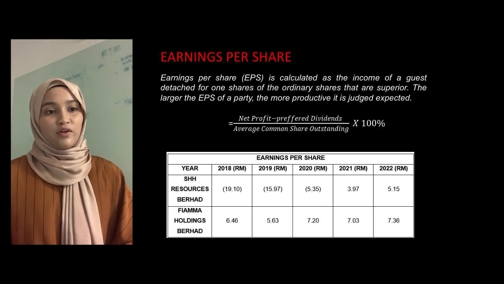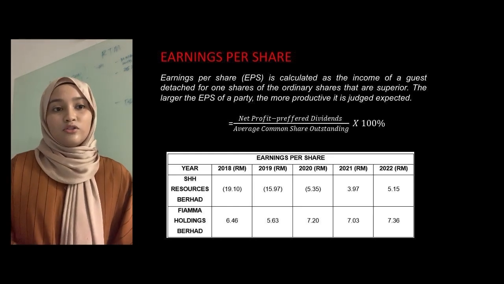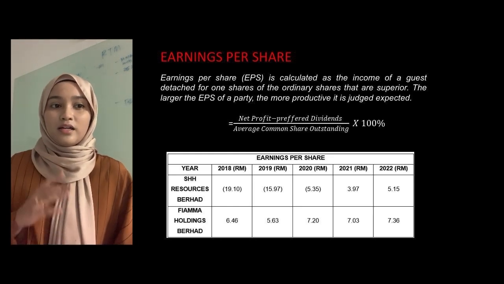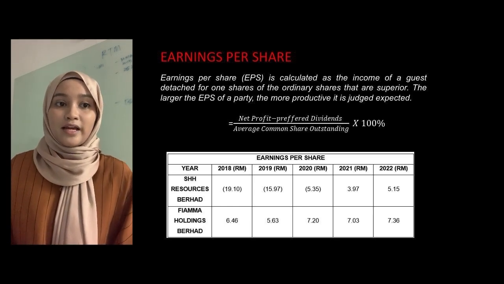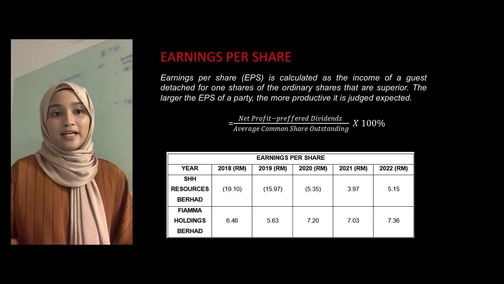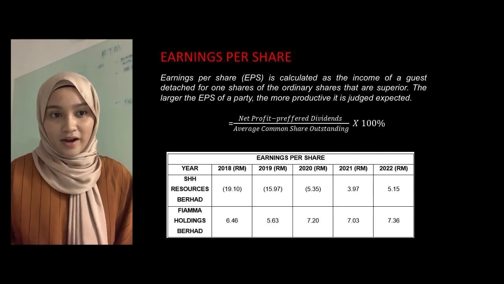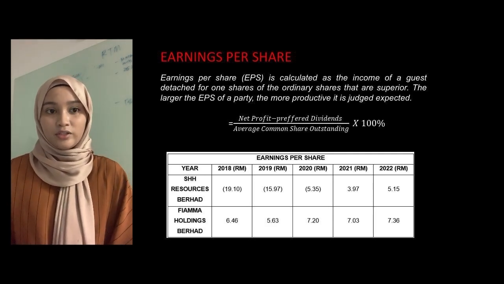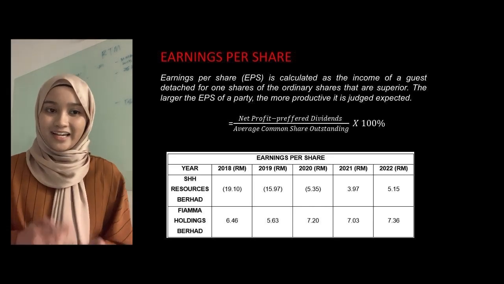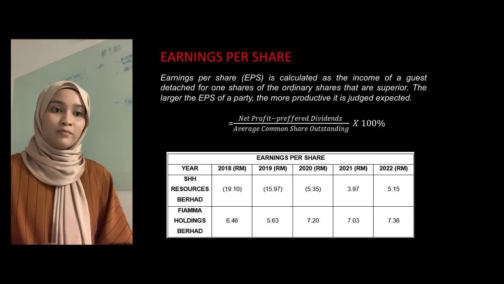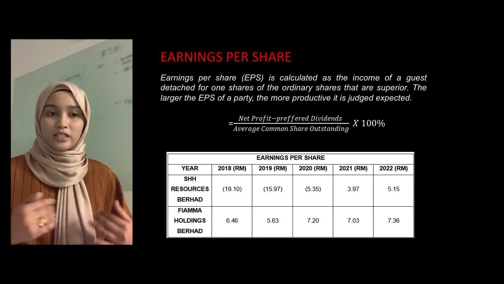With SHS Resources Berhad, we can see that in 2018 it was negative 19.10, 2019 15.97, 2020 negative 5.35, and 2021 and 2022 increased, which is 3.97 and 5.15.